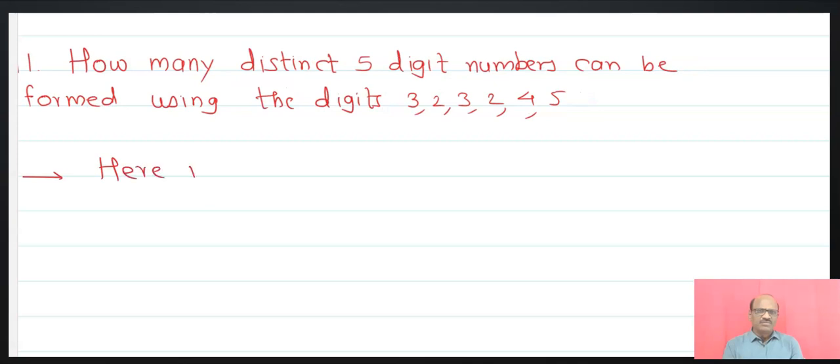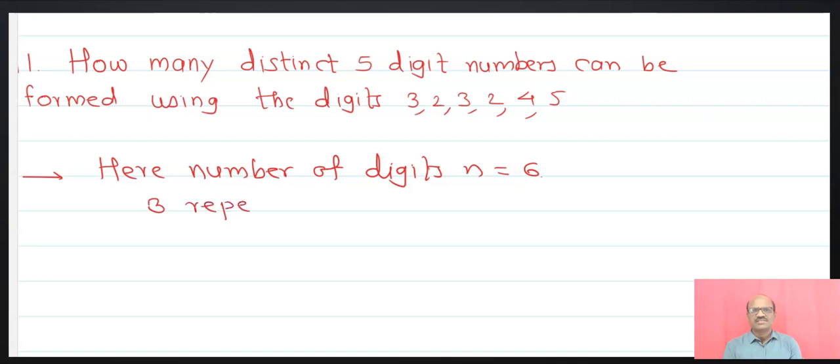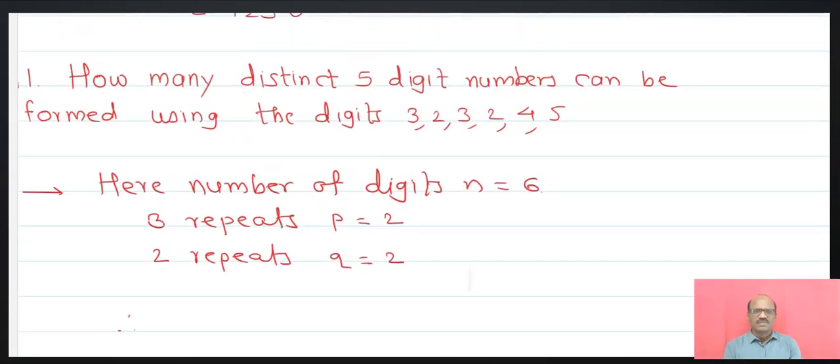That is, we want to form the 5-digit number using the given digits, 3, 2, 3, 2, 4, 5. Here the number of digits, that is n, is equal to 6. In this, 3 is repeated and 2 is also repeated. 3 repeats twice, 2 repeats again twice, that is q is equal to 2.